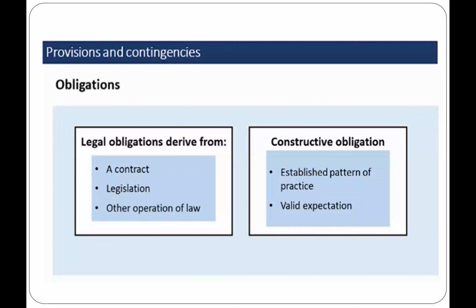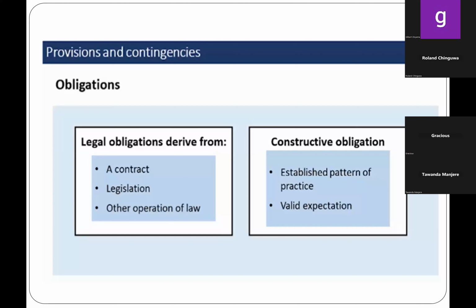For example, it could be a contract of sale, and within the contract of sale, you agree that in the event that the product you have sold to someone is defective, you are supposed to refund that person their money. So it's a contractual obligation, so you need to pay. Or if the law says in the event that you do A, B, C, D, you are expected to pay it, then it's a legal obligation on your part. Or any other operation of law.